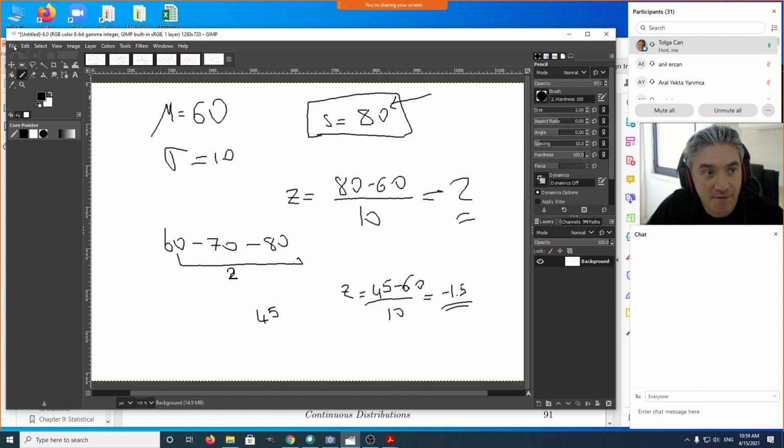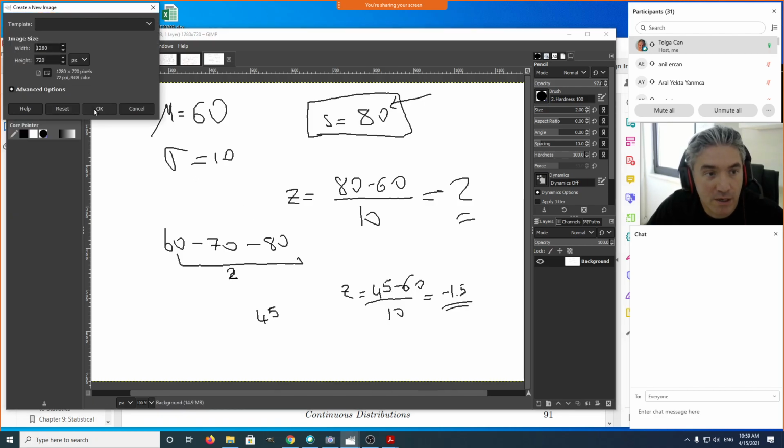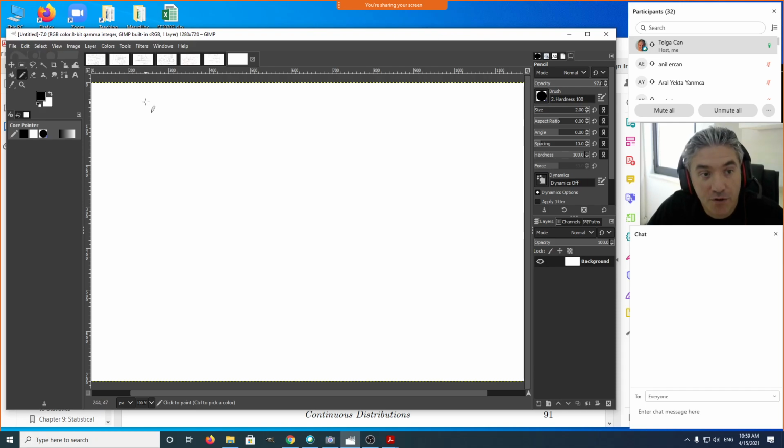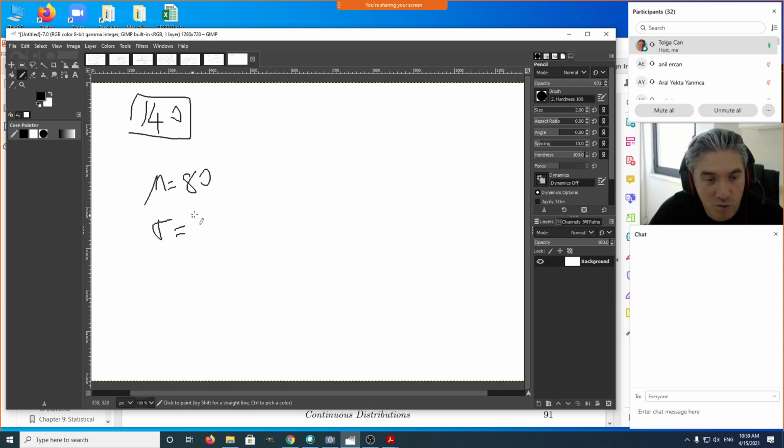For example, even if we measure the score in another unit, out of 140, if the maximum score you can get is 140, and this time the average is around 80 and the standard deviation is 25.